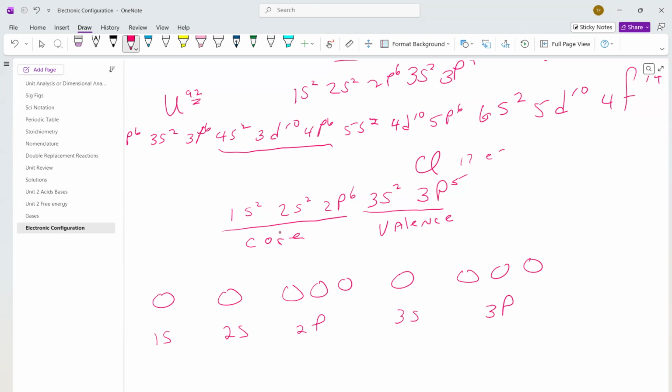Okay, so let's start filling this up here. Okay, so this is the electronic configuration. And this would be the orbital config.